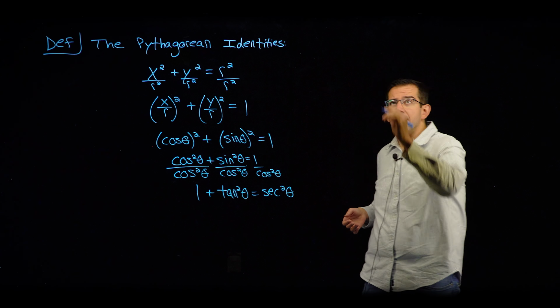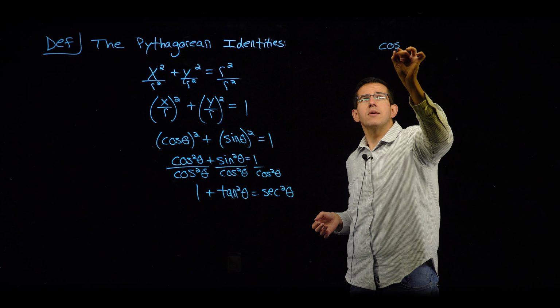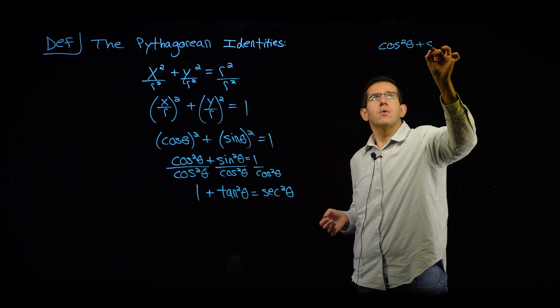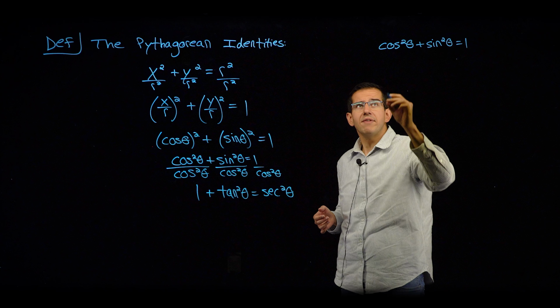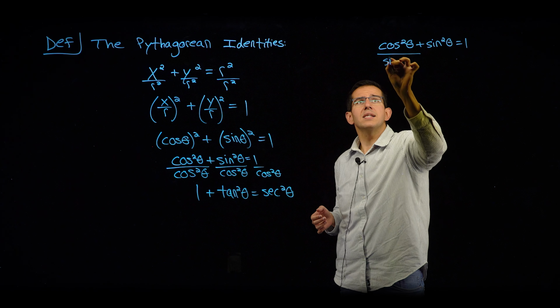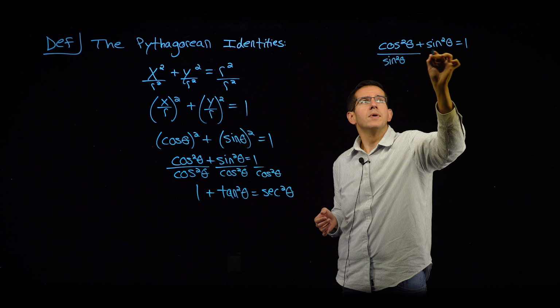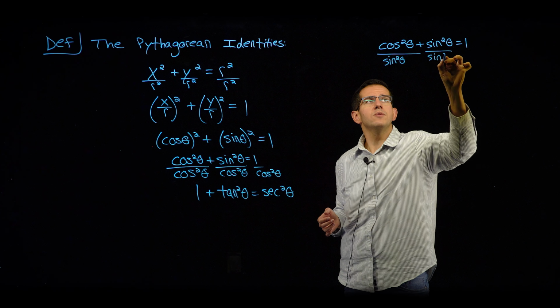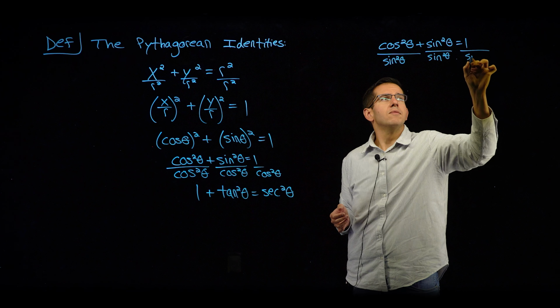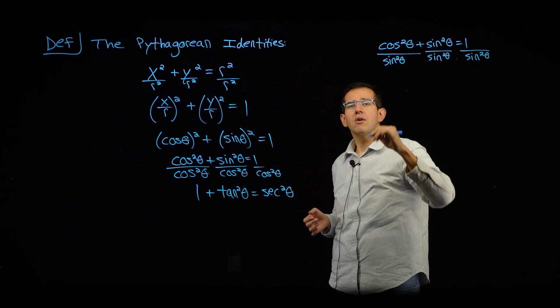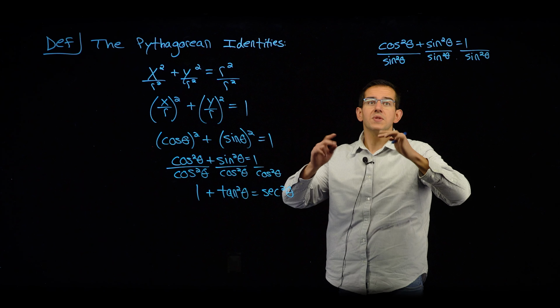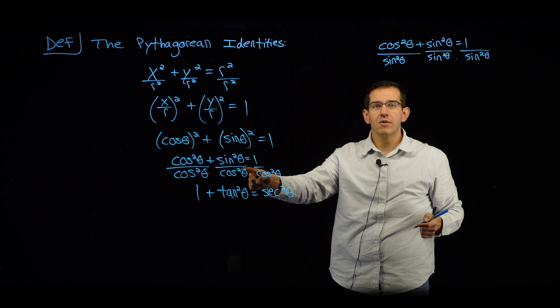The last one, if we go back to cosine squared plus sine squared equals 1, if we divide everything by sine squared, in the first case we divided by cosine squared. If we divide by sine squared, we'll get cosine squared over sine squared. That's the reciprocal of sine squared over cosine squared.